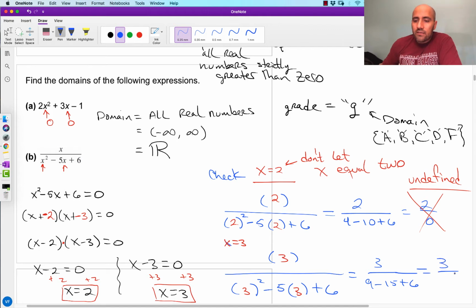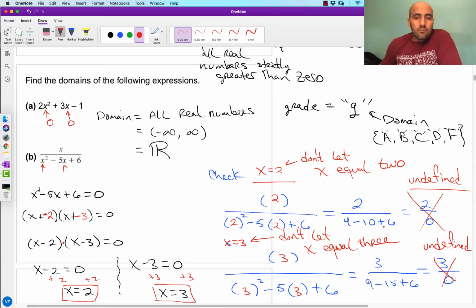That also leads to 3 over 0. Again, we're in undefined territory. Not allowed. Don't let x equal 3.